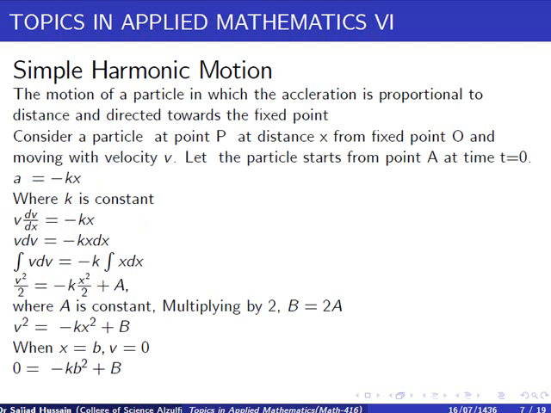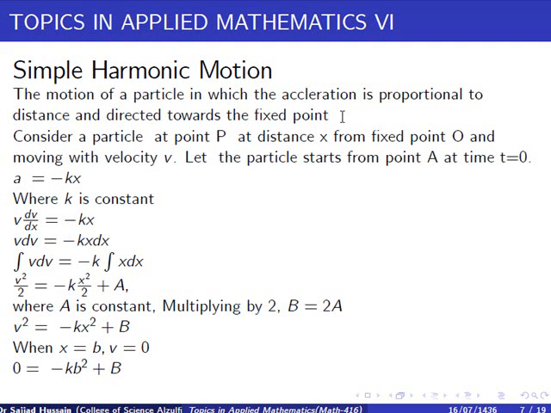Next, this is an important problem of everyday life, the simple harmonic motion. Simple harmonic motion is the motion of a particle in which the acceleration is proportional to distance and directed towards the fixed point.